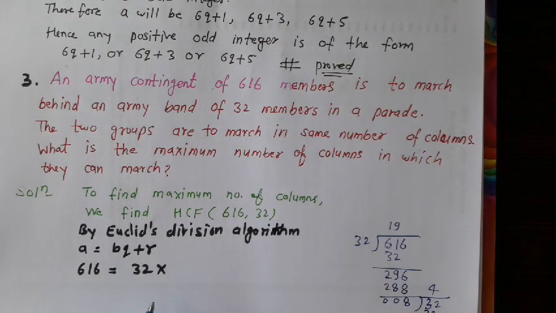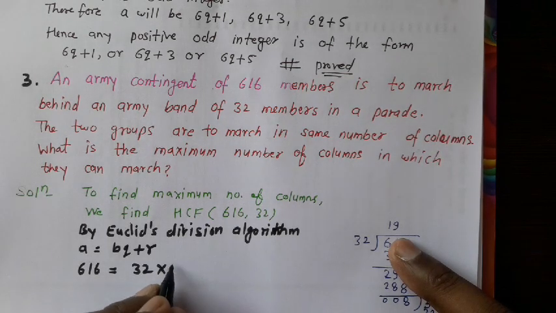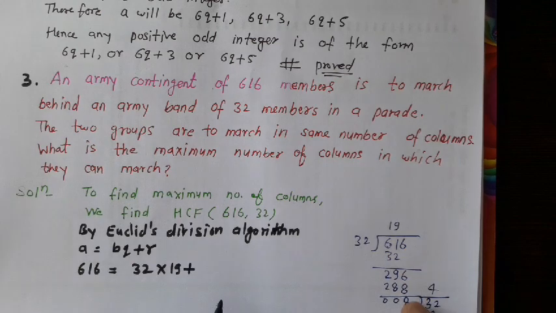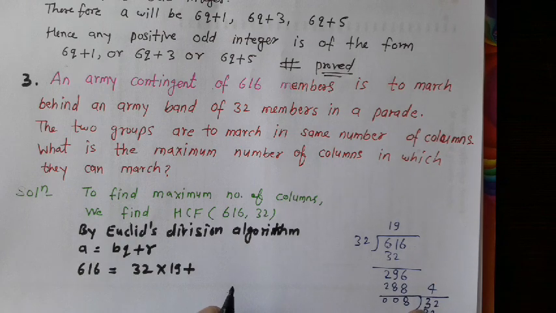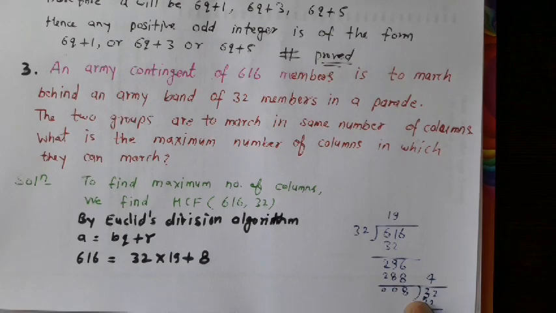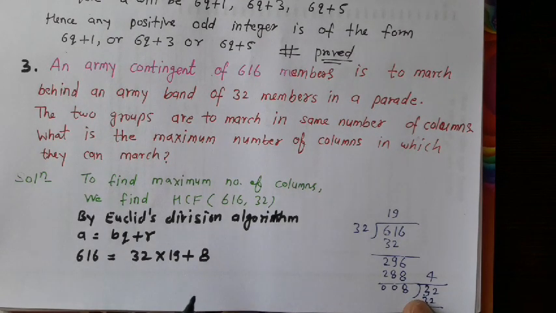So in the first step, 616 equal to 32 multiplied by 19 plus remainder. If you take 19 as the quotient, then the remainder will be 8. The remainder is not 0, so you continue this process.